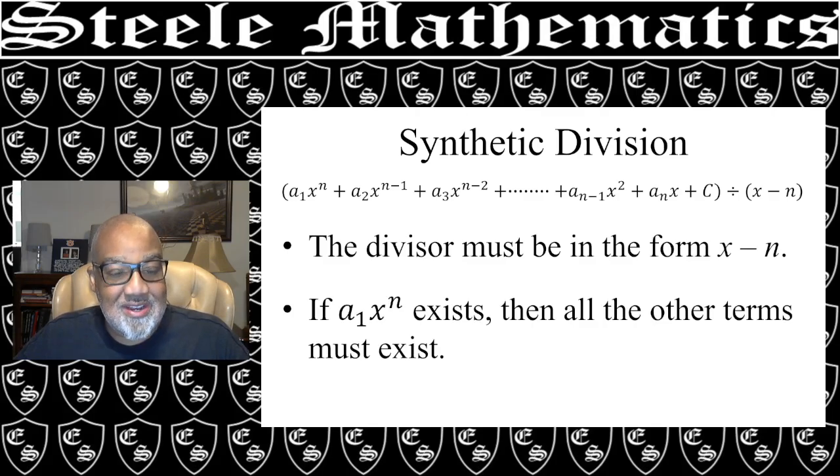Next, in your dividend, if the leading term, or the term with the highest power of the variable, exists, then all the other terms must exist. I will give you a better idea of what this is talking about when I show you the examples.